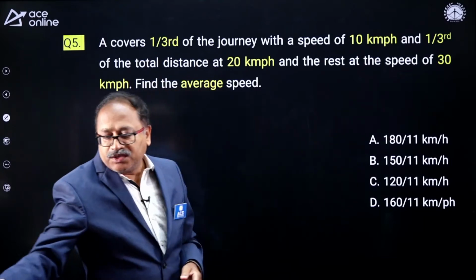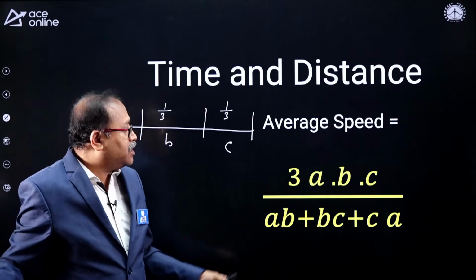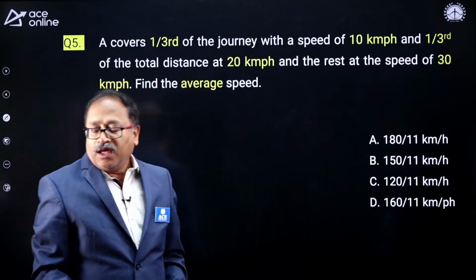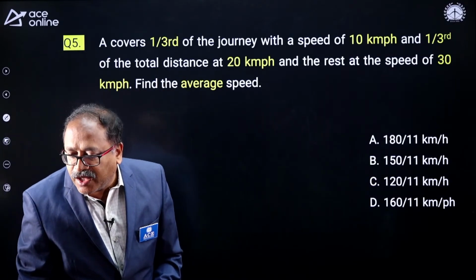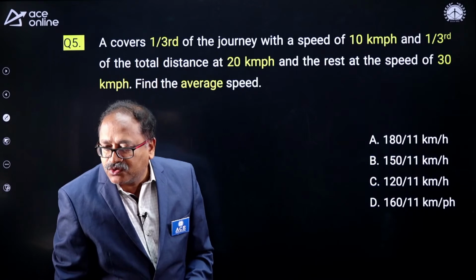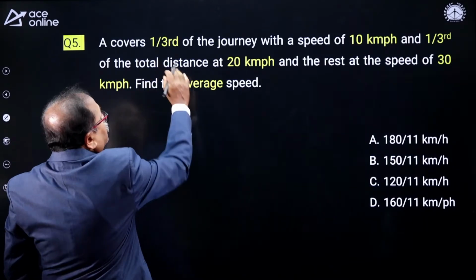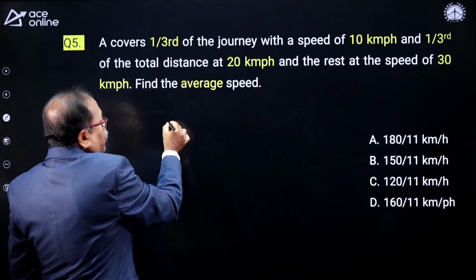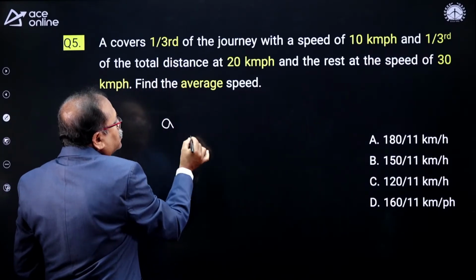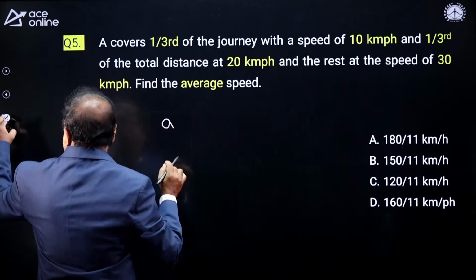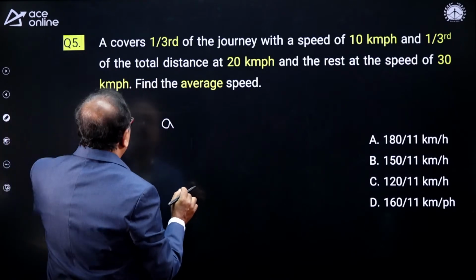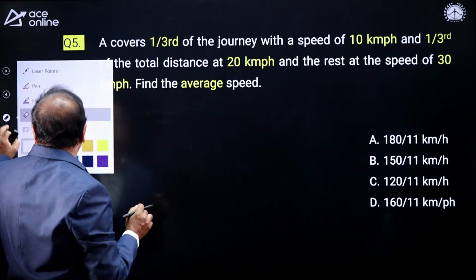So that falls under this formula, where the distance is travelled in 3 equal parts. Apply this formula and answer the question, Anusha, Aman, Rahul. I will directly apply the formula here. I will not write the formula again because it is already there.